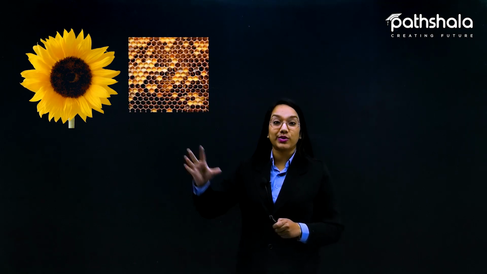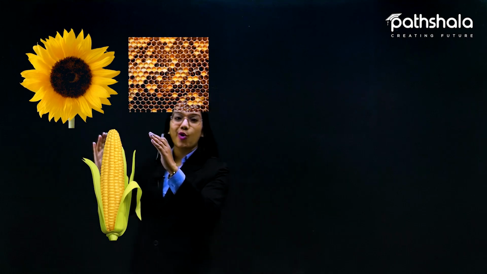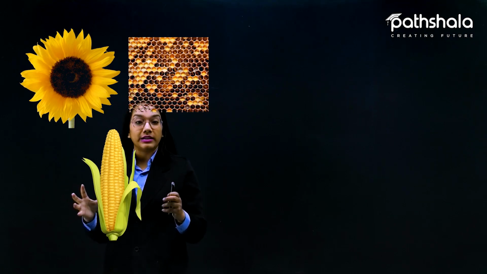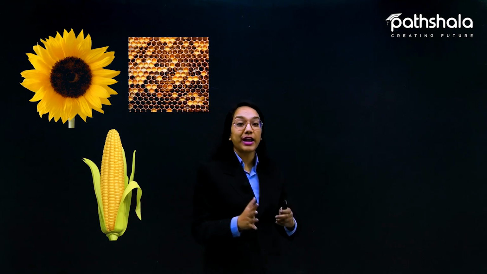Moreover, the holes in a honeycomb, as you can see over here, are again following a certain kind of pattern. Isn't it beautiful? Now let's talk about the grains on a maize cob. As you can see, the grains on the maize cob are again following a certain kind of pattern. Isn't it beautiful how many things in nature are following a certain kind of pattern?